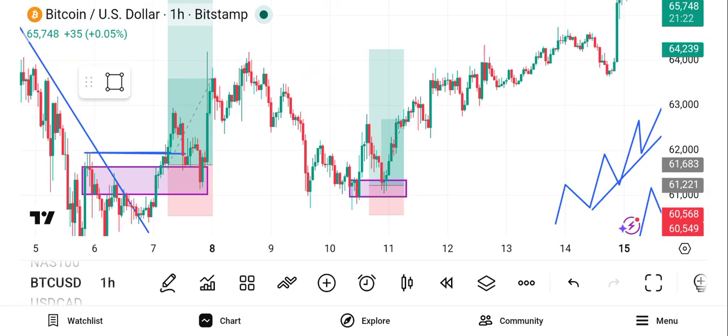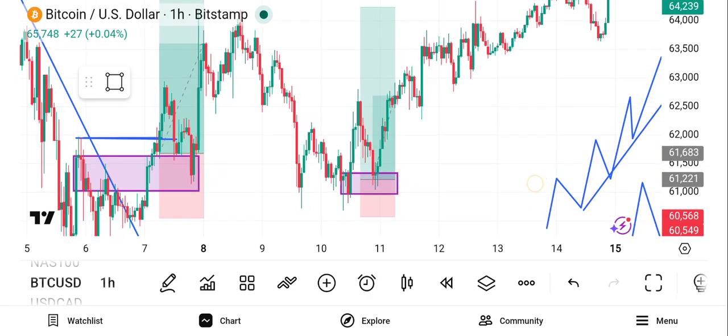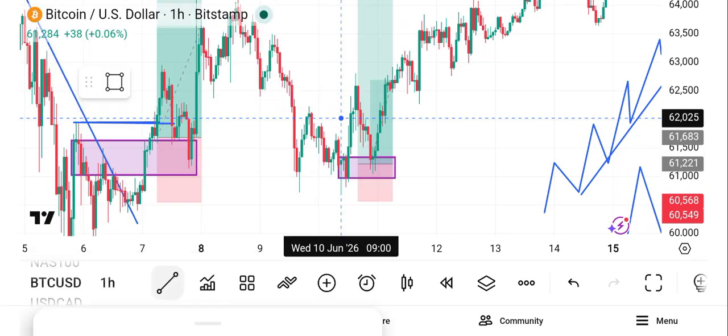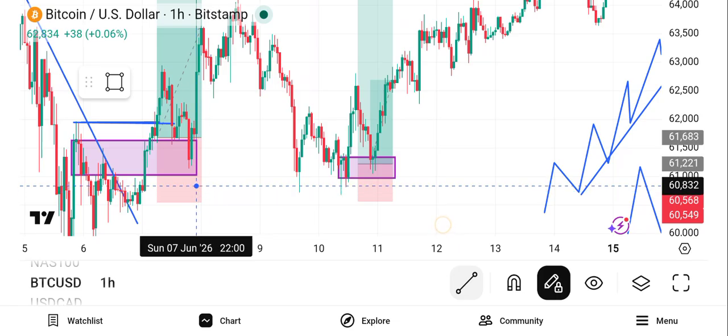So when the market retraced to this zone, it gave me another opportunity to enter this trade. Right, so here was my setup.